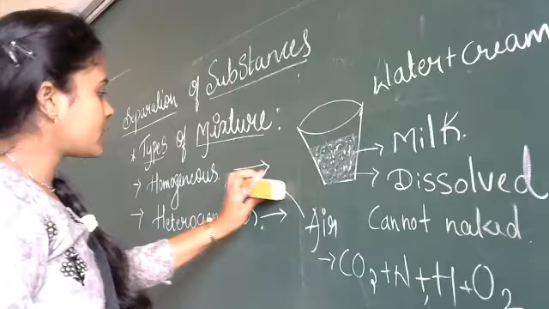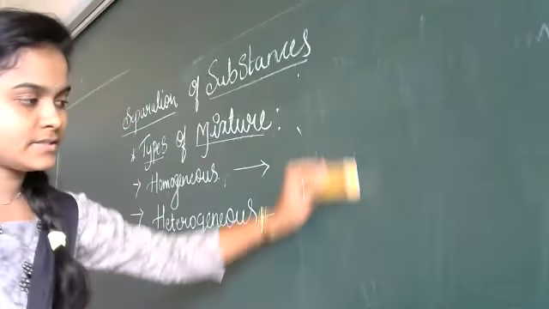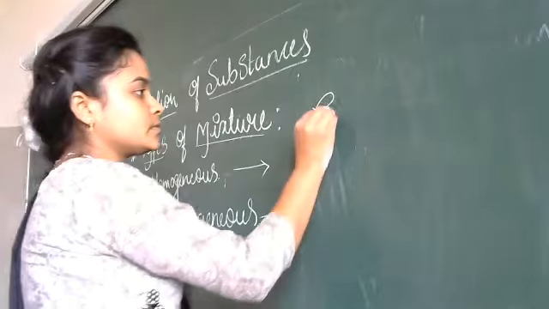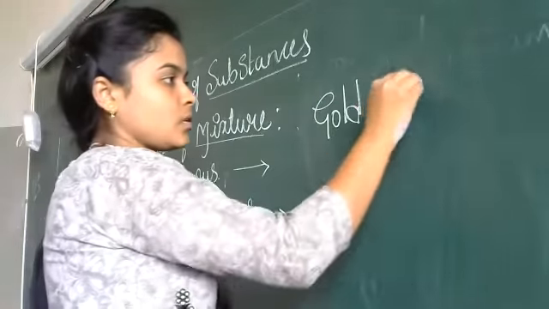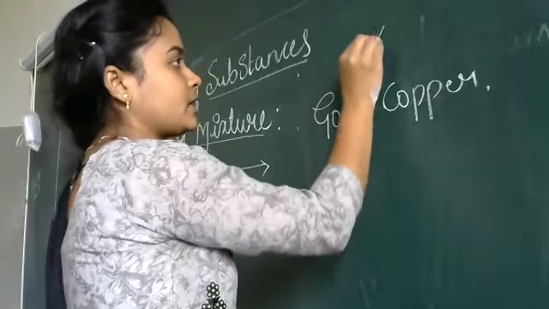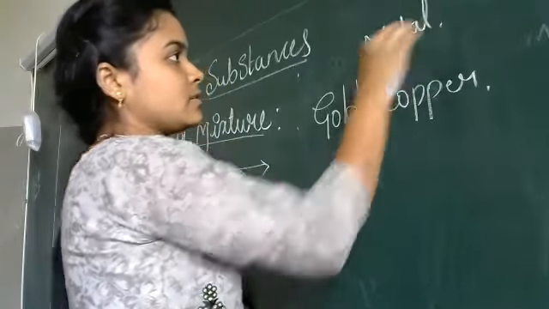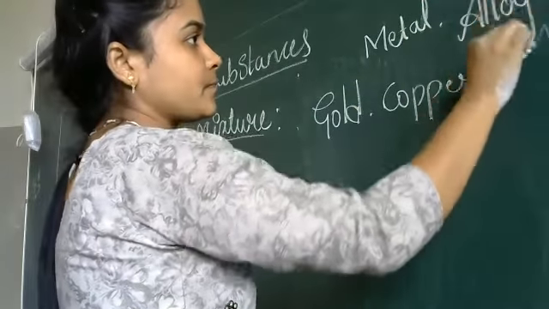One more example, we'll take some metals. Gold, copper. These are all metals, or alloys.